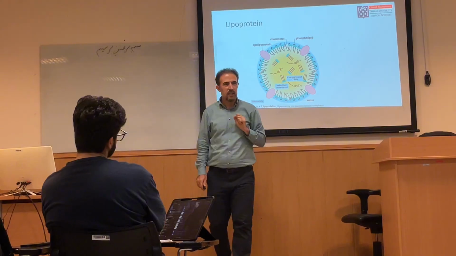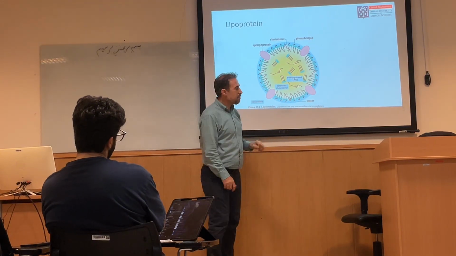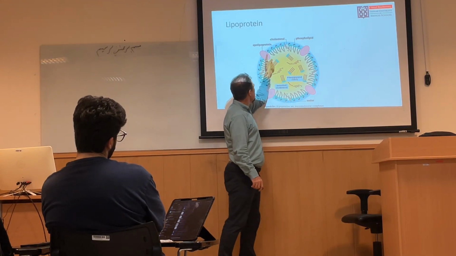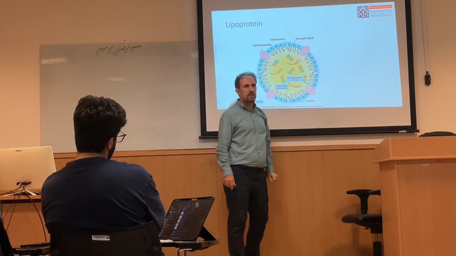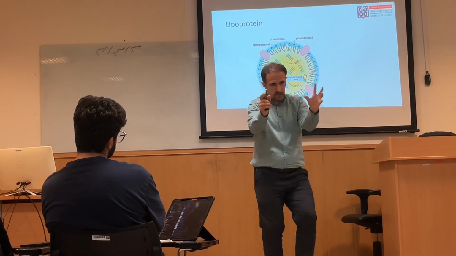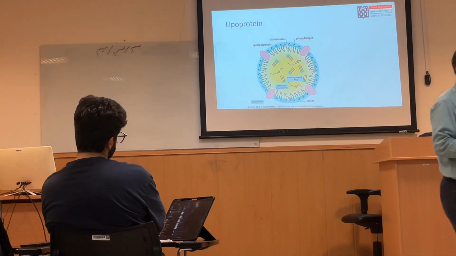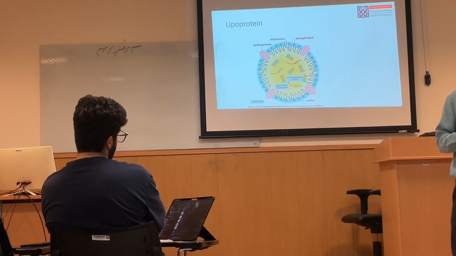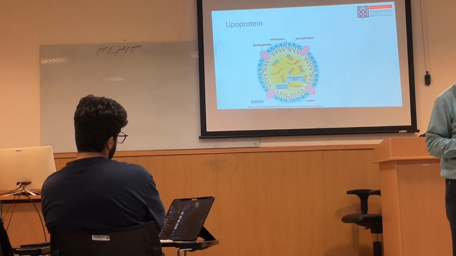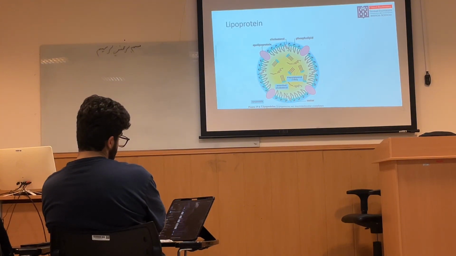Proteins. Because of that, we call them lipoproteins. We have some proteins outside of that, and those proteins help solubility, and there is a kind of sign on them that tells them where to go.